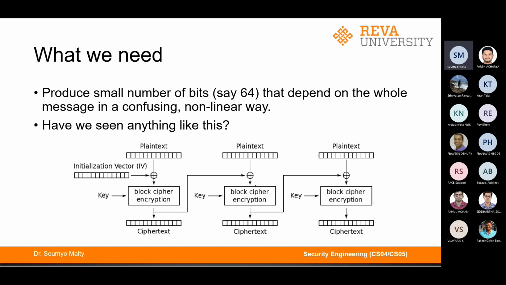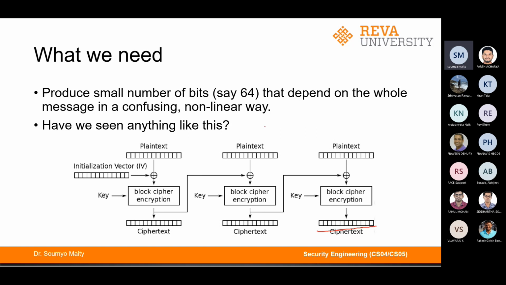So this is the problem. We always have a plain text and we always have the cipher text. But instead of taking this cipher text out, we can put it in the next iteration. And then again the cipher text, we are not considering the intermediate cipher text. Only for the last block we will get the cipher text. So that will be a fixed output. Say it is 64-bit.